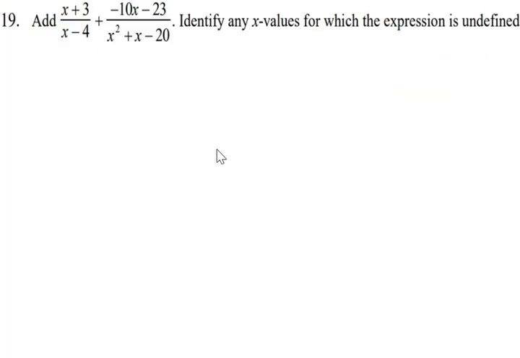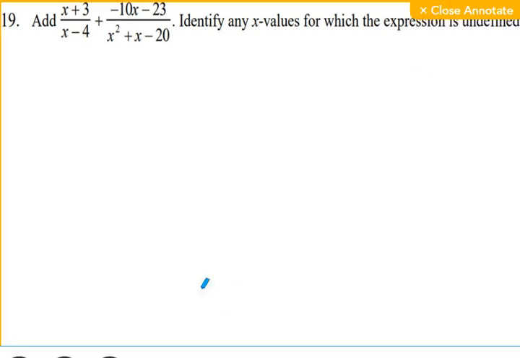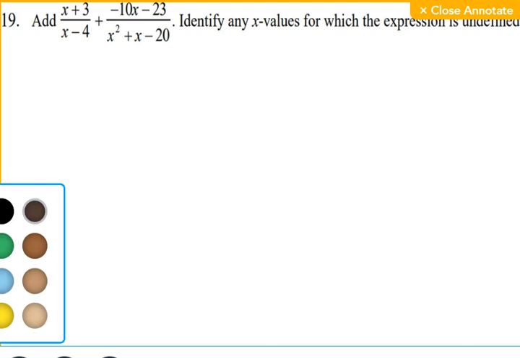All right, number 19 reads, add x plus 3 over x minus 4 plus negative 10x minus 23 over x squared plus x minus 20. All right. So first things first, let's see if we remember.